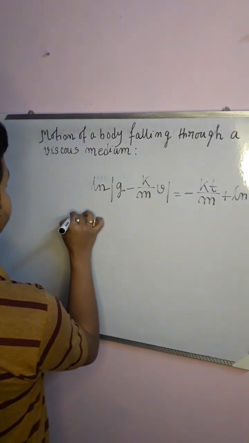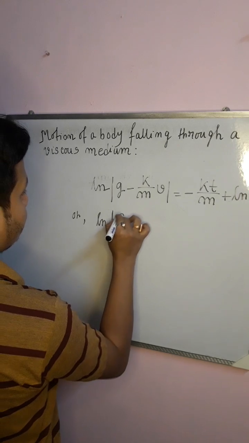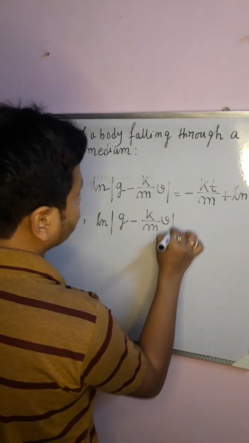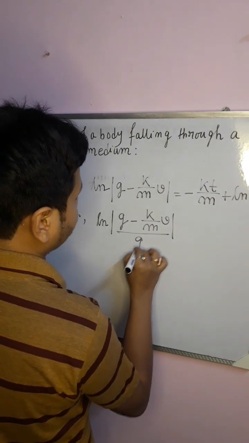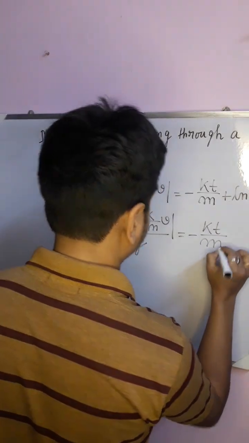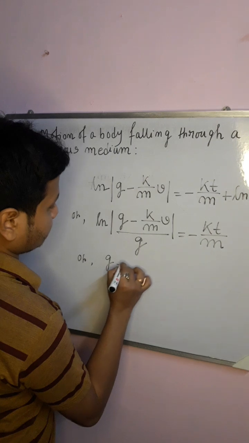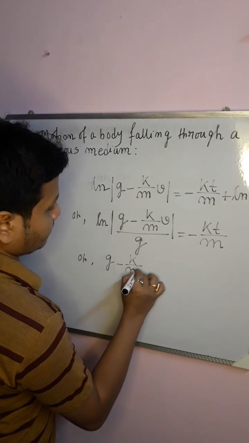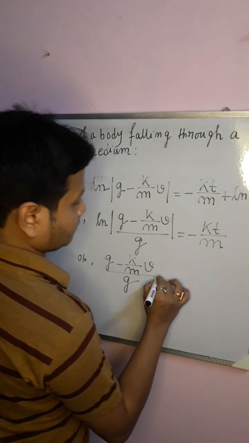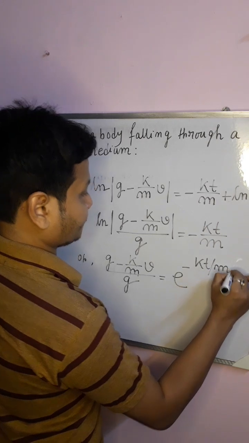Or ln of (g minus k by m into v) divided by g equals minus kt by m. So (g minus k by m into v) by g equals e to the power minus kt by m.